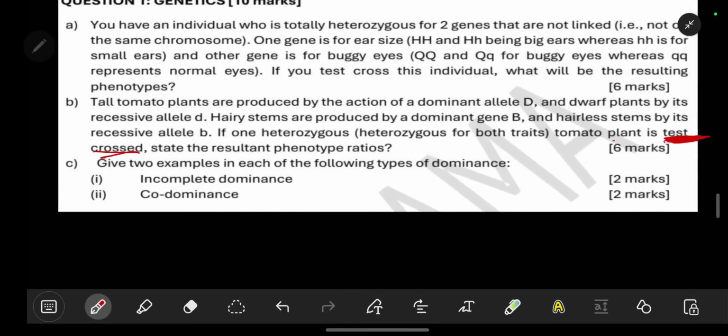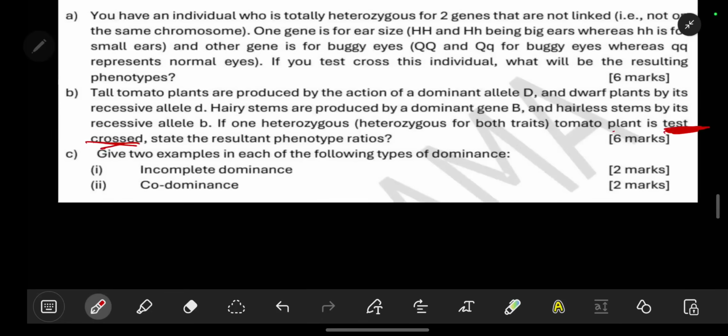So for the phenotypic ratio, we are going to do the same thing. So when we do the same thing, we are going to get something like this. So this tomato, what have we been told?